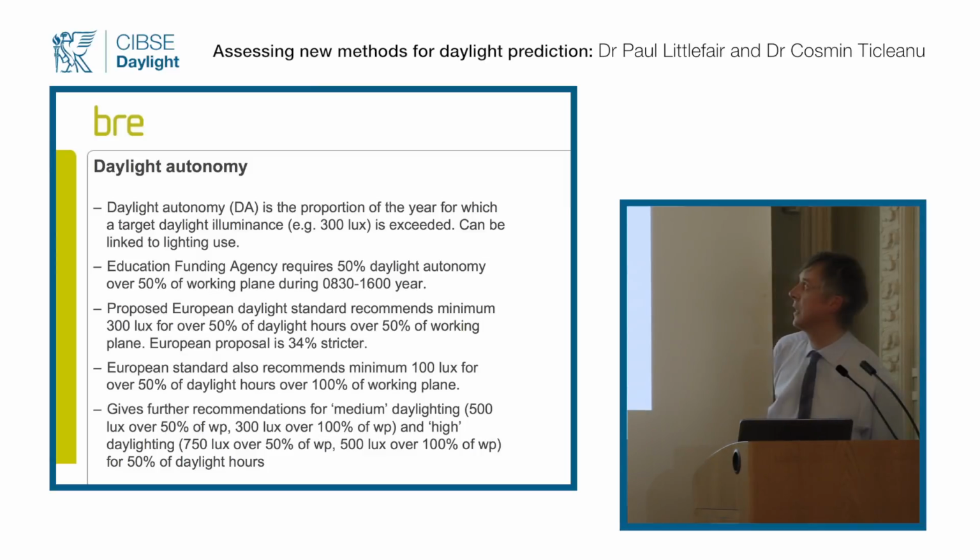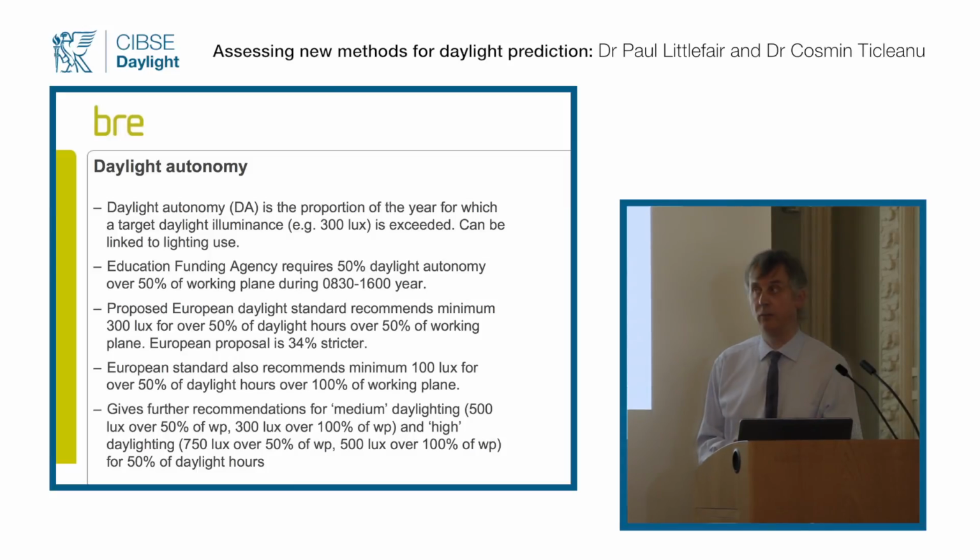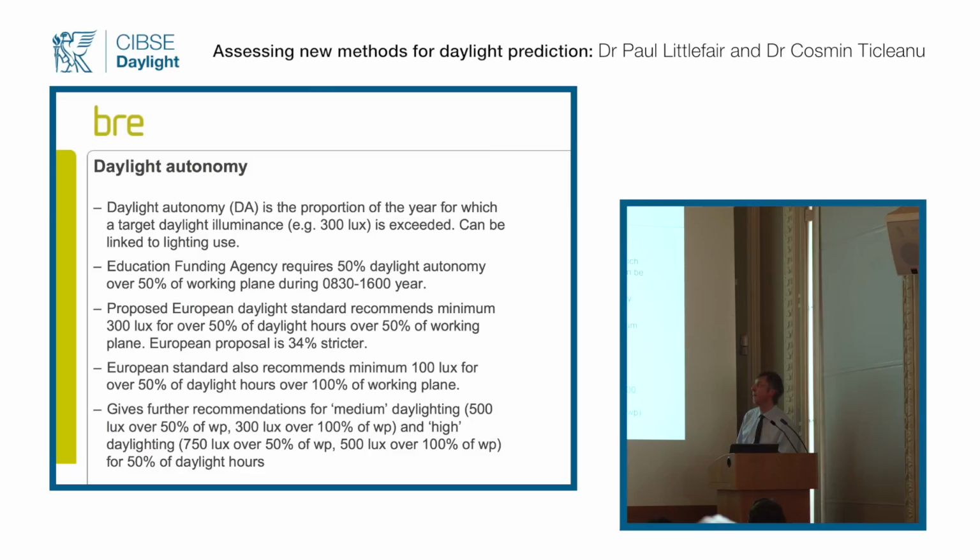And if you look at it, this is 50% daylight autonomy. So that means the daylight has to exceed 300 lux for more than 50% of the time, over 50% of the working plane.